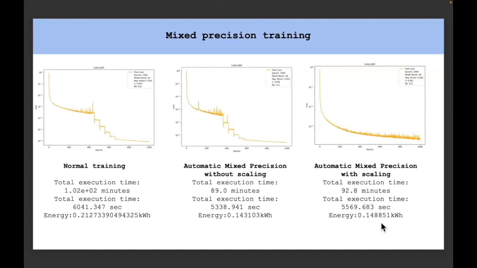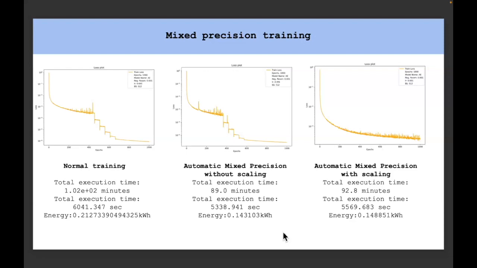Several experiments were done. From the left, you can see the normal training. The middle one is automatic mixed precision without loss scaling, and then automatic mixed precision with scaling. So it's possible to reduce the total time from 100 minutes to 89 or 92 minutes, and as well to reduce the energy that is consumed for this procedure.